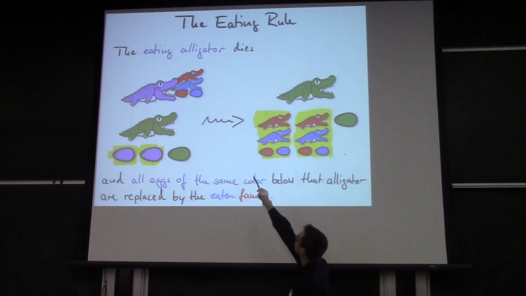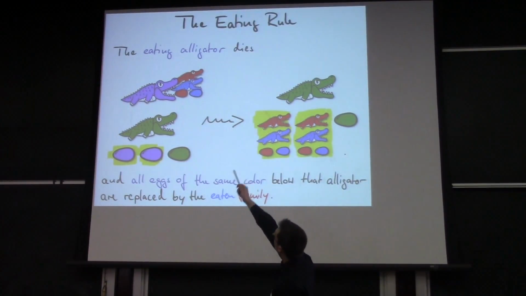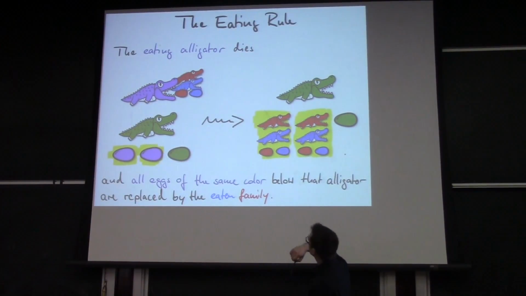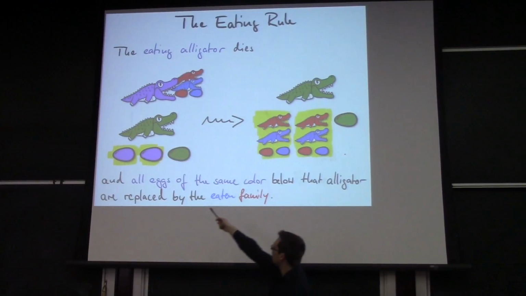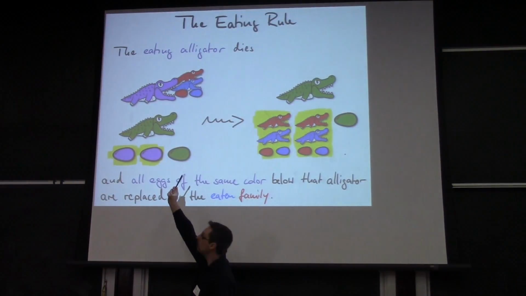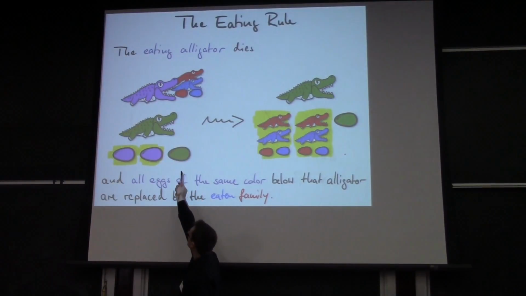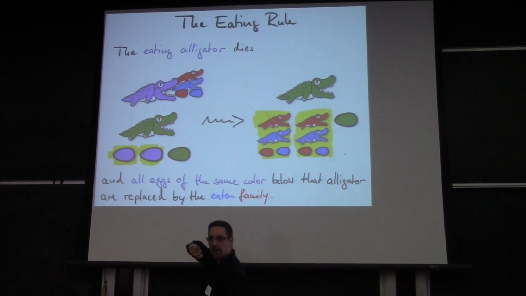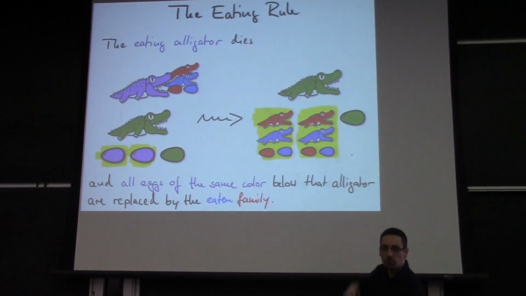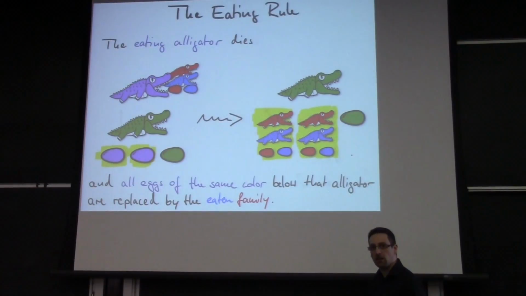You can see here there was this family with the red and blue alligator that was eaten, and so we get two copies of those from these two eggs that have the same color as the eating alligator. There's still this green egg here that belongs to the green alligator, and that one stays the same, so it's not going to hatch into copies. Only the eggs that have the same color.